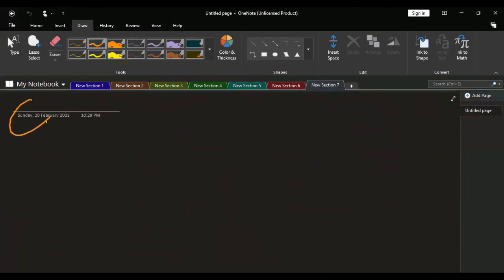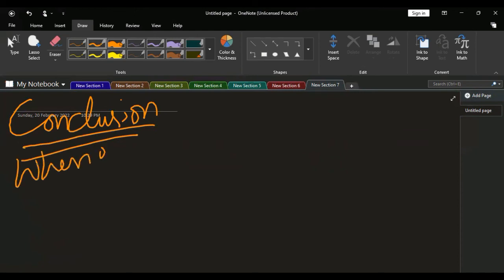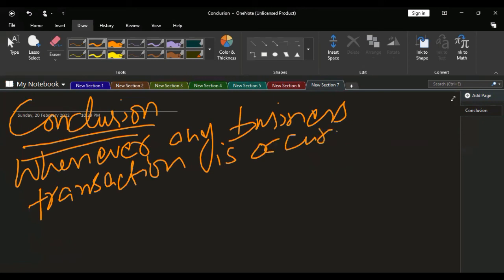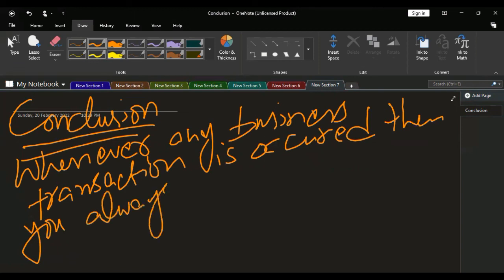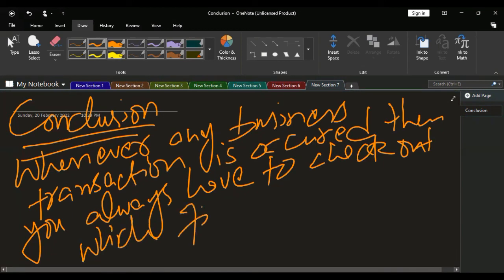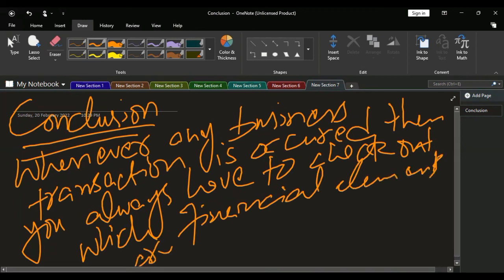All in all, the conclusion of our today's class is that whenever any business transaction occurs, then you always have to check which financial elements are affected here.